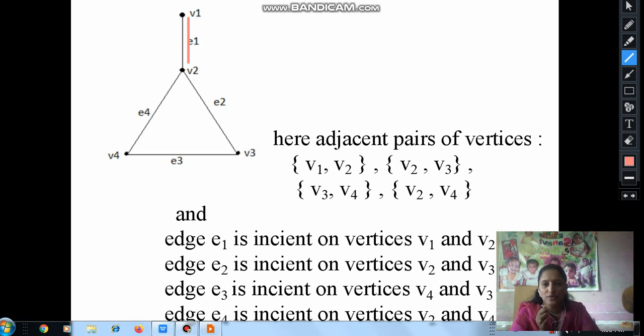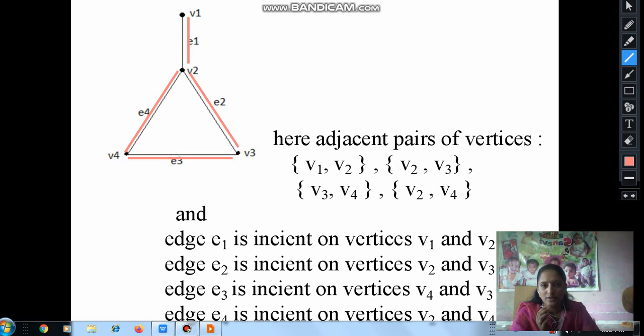Here, V2 and V3 are joined by edge E2, therefore V2 and V3 are also adjacent vertices. Similarly, V3 and V4 are joined by edge E3 and V2 and V4 are joined by edge E4. Therefore, V1V2, V2V3, V3V4 and V2V4 are pairs of adjacent vertices.